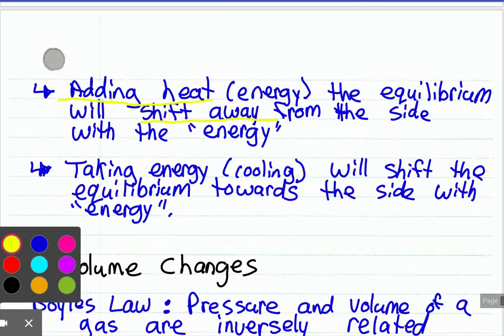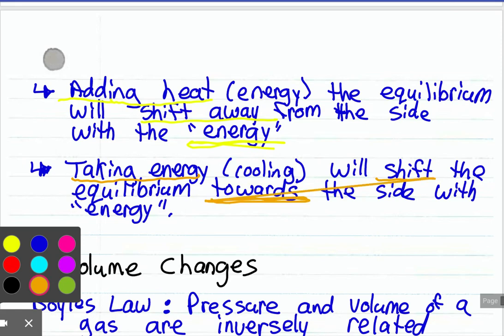So if you add heat to an exothermic reaction, it's going to shift towards the products. Essentially, again, if you add, move away. And if you take away energy, it's going to shift towards making the energy.